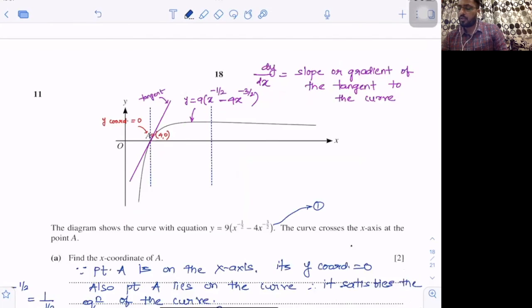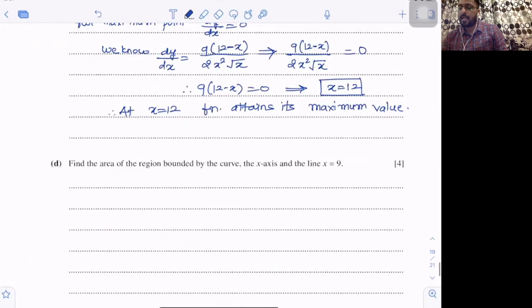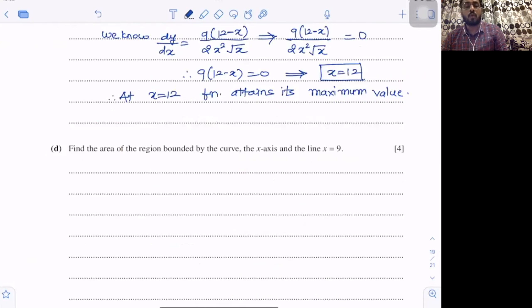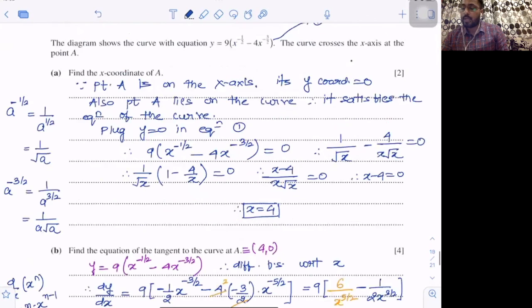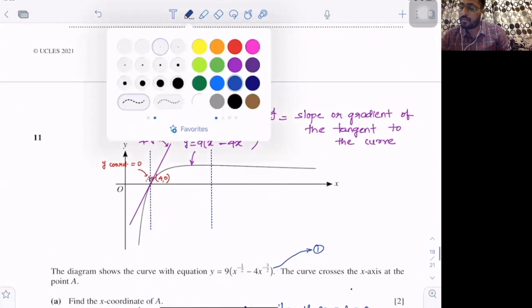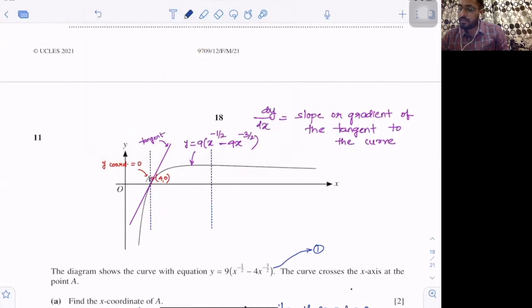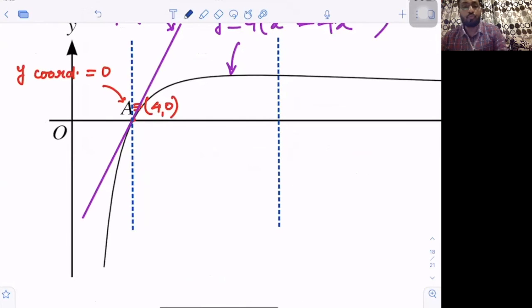So you want to find the area of the region which is bounded by the curve, the x-axis and the line x equal to 9. This line is x equal to 4 over here, and this line is x equal to 9.